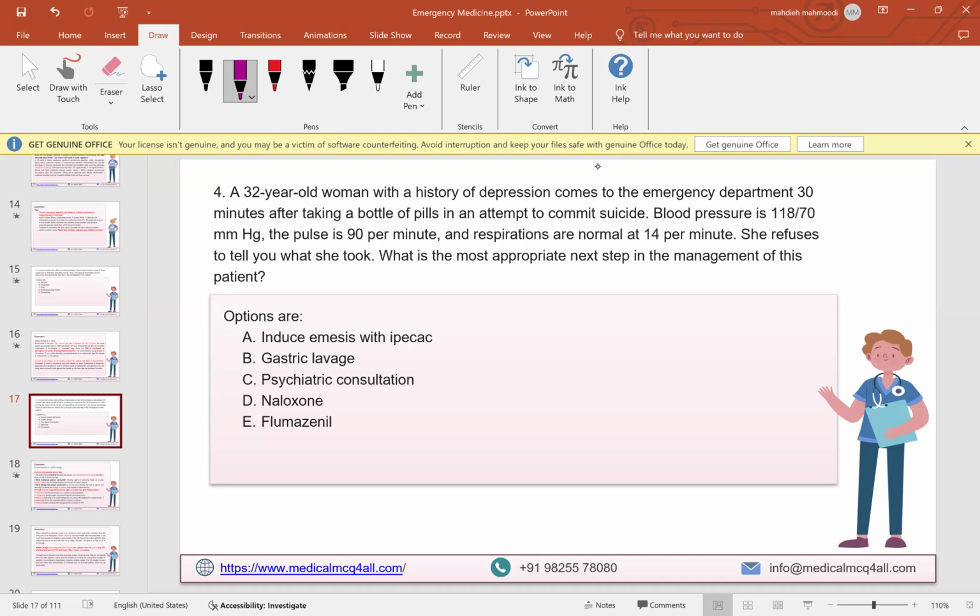Gastric lavage, that is the answer. We have one gastric lavage. Anyone else? So let's go option by option. Ma'am, why option A?